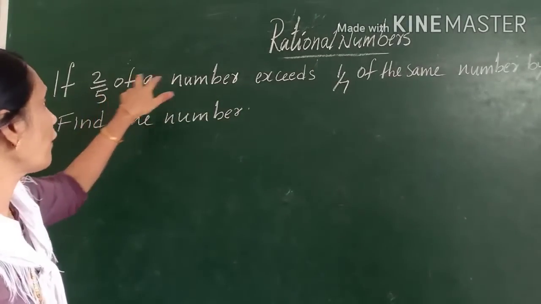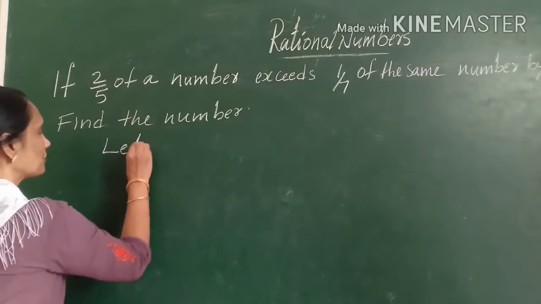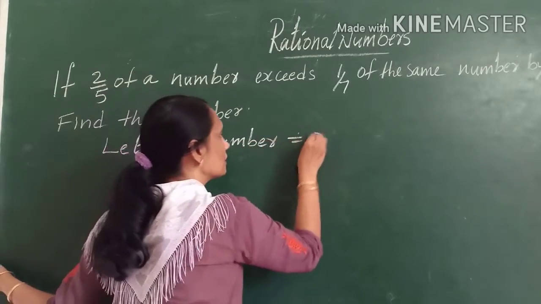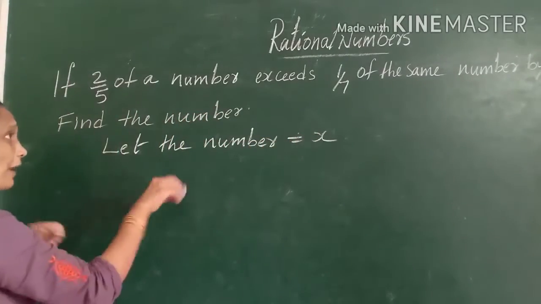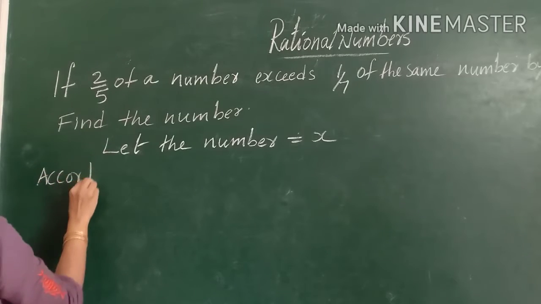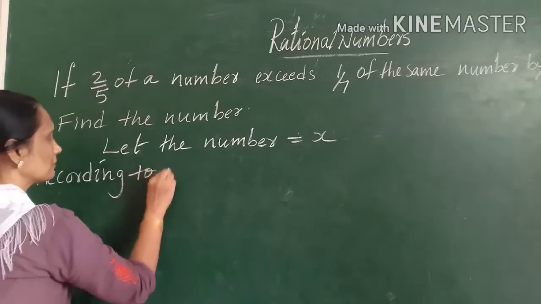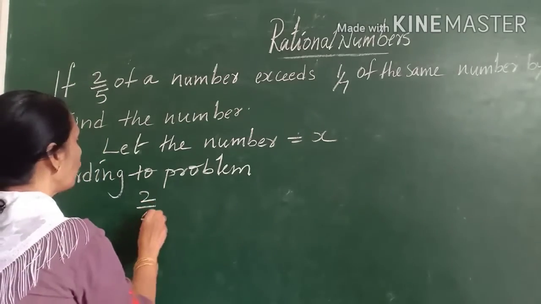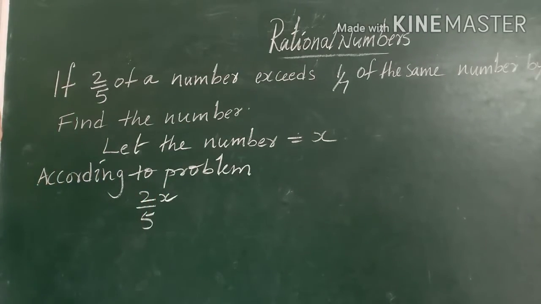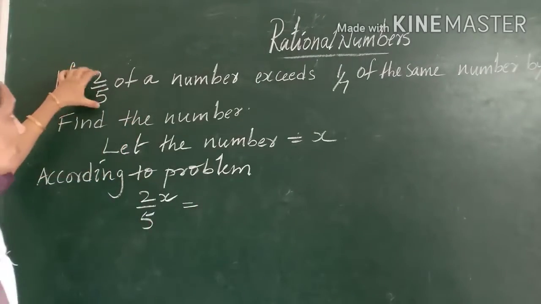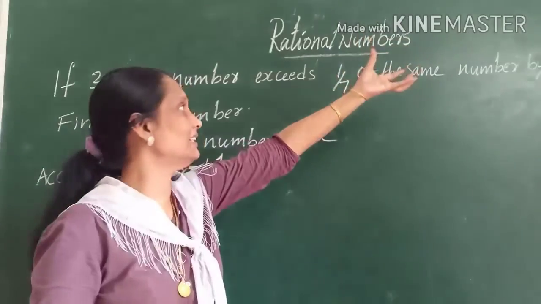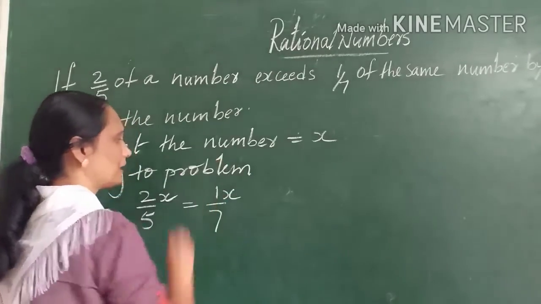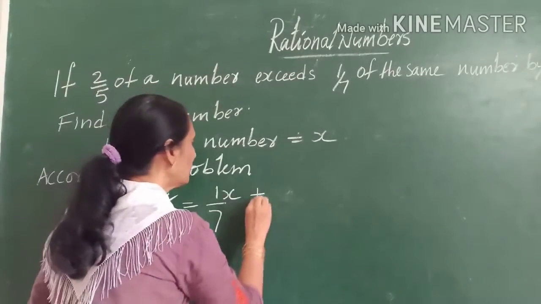So first of all, 2 by 5 of the number, let the number be x. According to the problem, 2 by 5 of x, or 2x by 5, is equal to... 2 by 5 of a number exceeds 1 by 7 of the number, meaning x by 7, by 36.